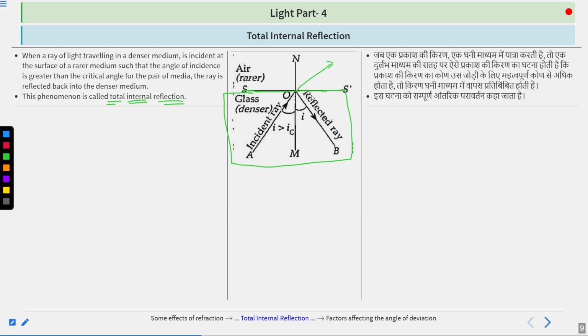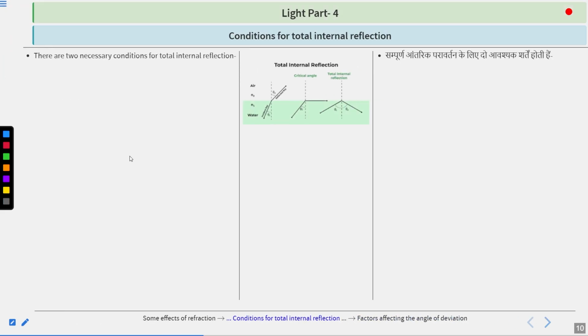But here the incident ray comes, hits, and is again reflected into the same medium. It is not able to cross the boundary of the medium it was previously in. That's why it is internal reflection, or total internal reflection, because the light ray is not able to penetrate out of the medium in which it is traveling. Got it? Let's move forward.